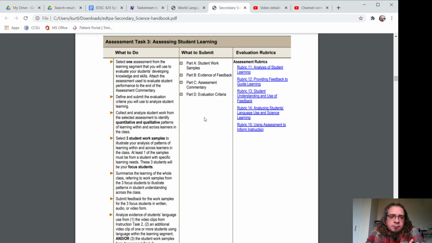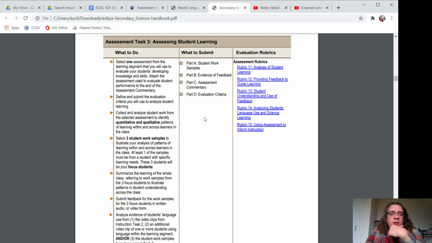So keep an eye on your content area, but the point here remains that we want to figure out the patterns of what the rubrics are looking for, so you're in good shape as you start to plan things and implement things, okay?